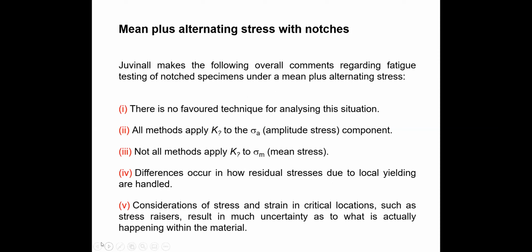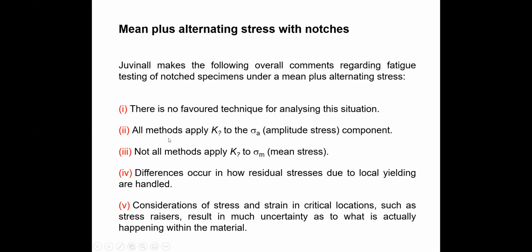With the notch, as I told you, there is no unique method. You can apply it to the stress or the strength, but for the KF or KT value here, the question must be marked because it can be KT or KF.